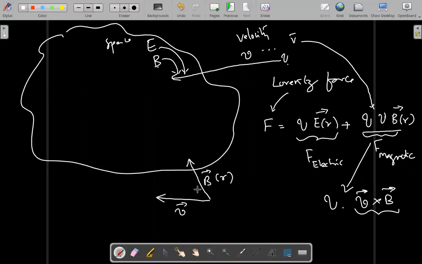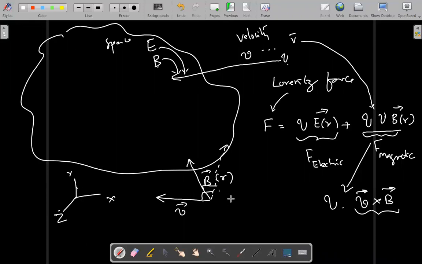So these are in one plane, then the cross product will be in the third plane, second plane rather. This is like 90 degrees with this and this with this. So this is like the XYZ axis. Y is perpendicular to both X and Z, X is perpendicular to both Y and Z, like that.